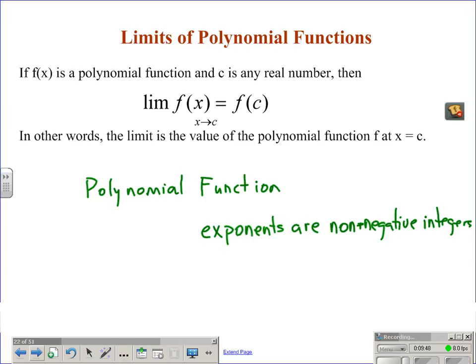All right, so non-negative integers also implies that you have no variables in the denominator.